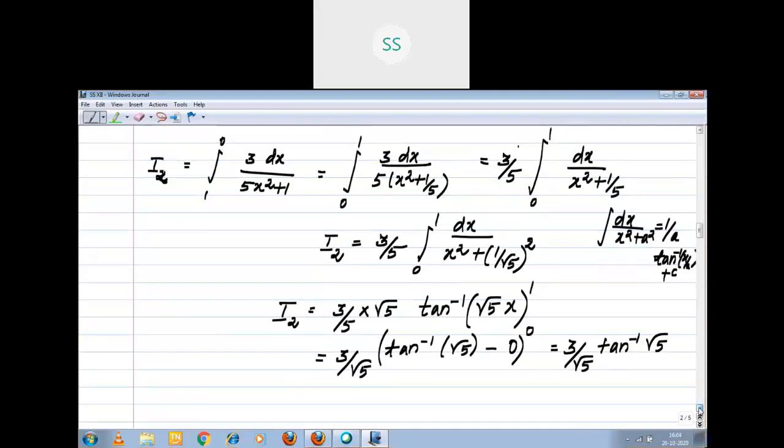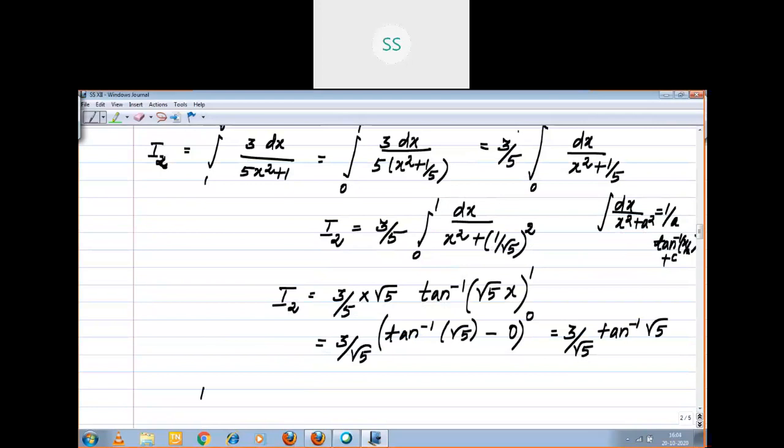You combine I1 and I2, you will arrive at the result of I. I equals I1, which is 1 by 5 into log 6, plus 3 by root 5 into tan inverse root 5. Got it, children? Now I am going to move to question number 15.